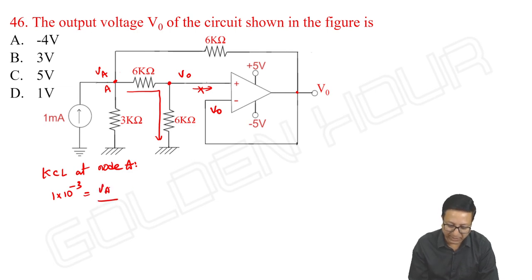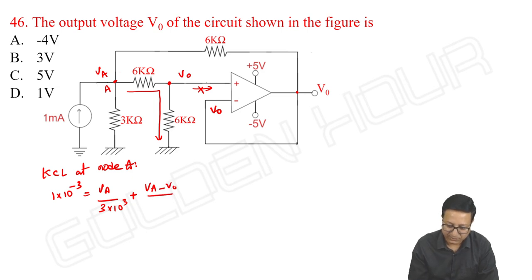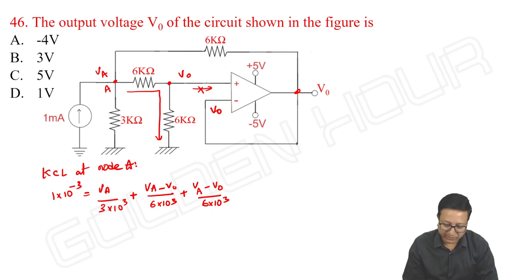That is VA by 3 kilo ohm, plus VA by 6K, plus VA minus V output by 6K, plus another leaving current, VA minus V output by 6 kilo ohm. So there are 3 leaving currents and 1 entering current.